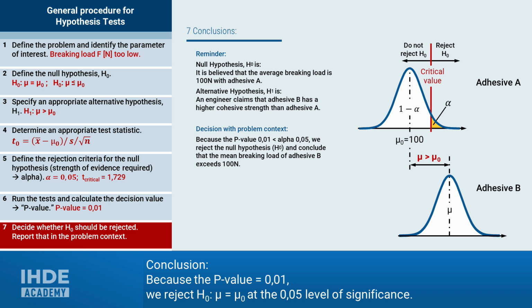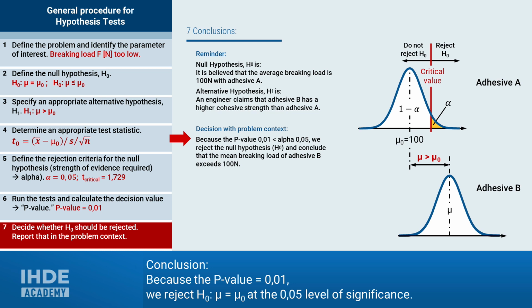Finally, considering the overall context, the result must be summarized. So, the null hypothesis was that the mean breaking load of adhesive A was 100 Newton. The alternative hypothesis was that adhesive B has a higher breaking load.